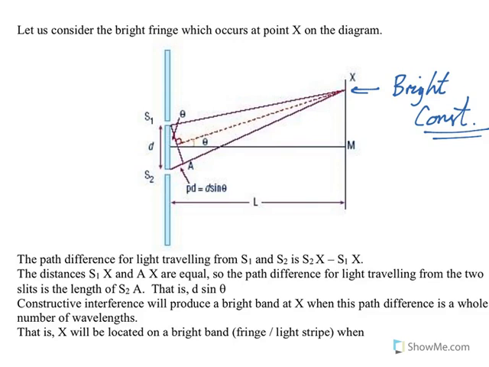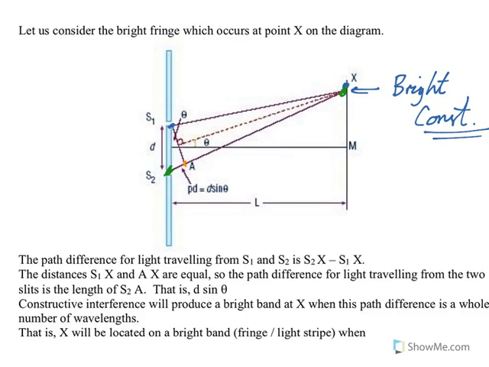If you look at the distance between S1 and X, and S2 and X, S1 to X is going to be less than S2 to X. At this point A, between S2 and A, because S2 to X is longer, S2 to A is the bit of extra length. So S1 to X and A to X would be the same length.